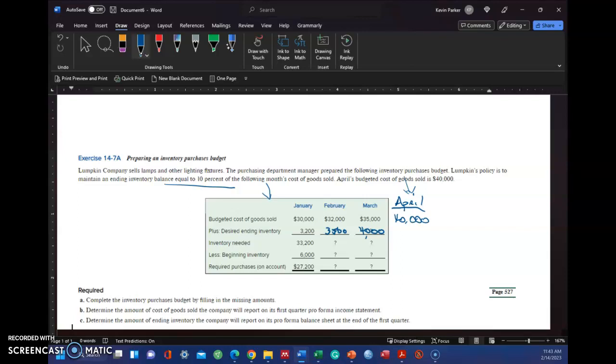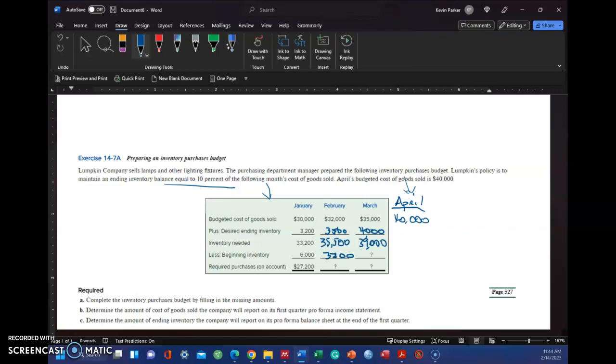Now we just total up $32,000 and $3,500, and we get $35,500, and we do the same for March, obtaining a number of $39,000. Now, ending inventory is calculated, but when we end January with $3,200, that becomes February's beginning inventory.